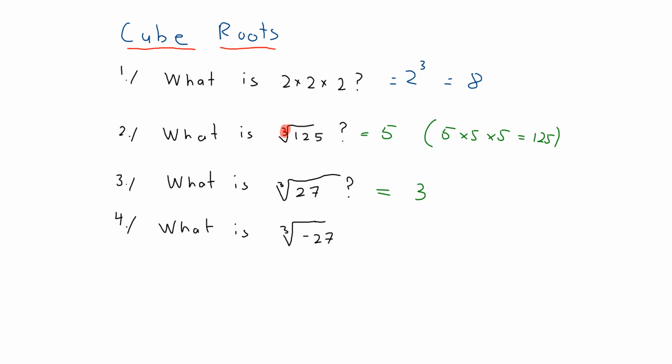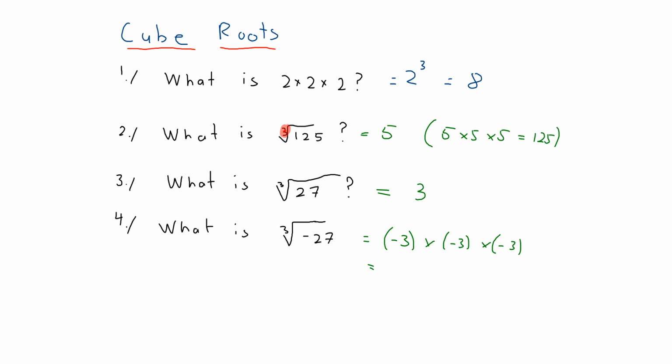But here's an interesting one. What about minus 27? Well, I can't take the square root of a negative because I can't times anything by itself 2 times and get a negative number. But what about a cube root? What if I did minus 3 times by minus 3 times by minus 3?